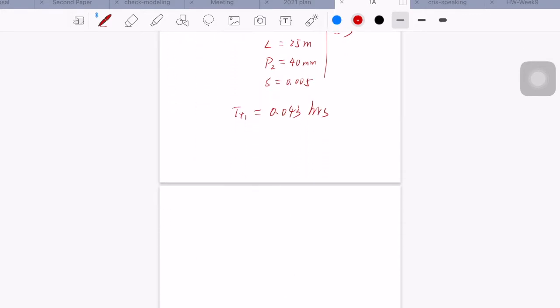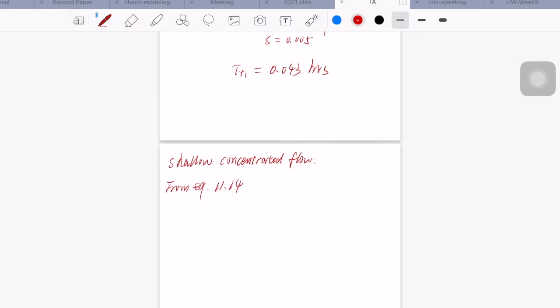And for the shallow concentrated flow, from equation 11.14, we know the V should be equal to 6.19 times S to the power of 0.5.